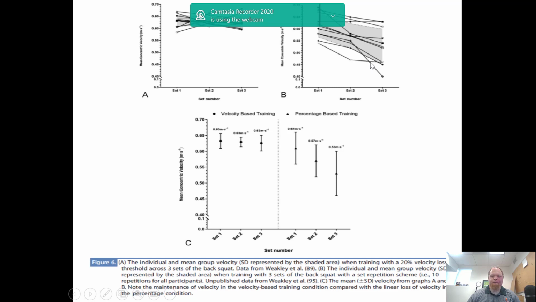So that's pretty cool. On B, we see whenever they did 3 sets of, I can't remember, 10 repetitions. So they did 3 sets of 10. What happened? Well, they saw a pretty steady decrease across all sets. Now, the chart below is just showing the mean velocity that occurred.